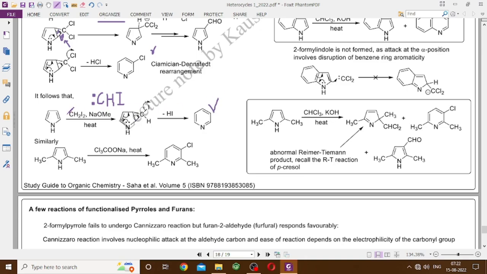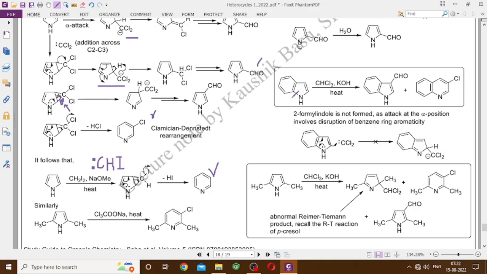So they have asked you this question on some occasions, that how can you convert a pyrrole nucleus into a pyridine nucleus. So that's basically the answer. Similarly, if you take the 2,5-dimethyl variation and do the reaction with the sodium salt of trichloroacetic acid, which is again a source of the dichlorocarbene, you will be ending up with this one.